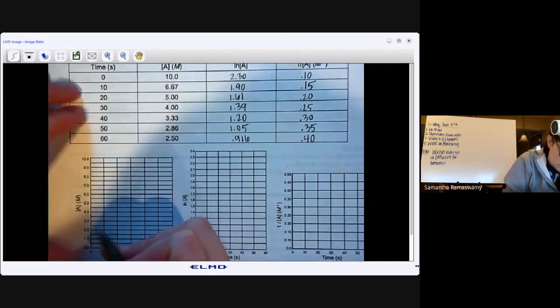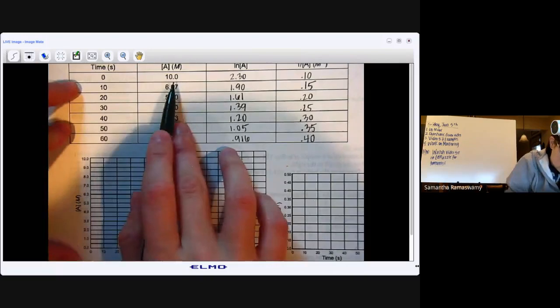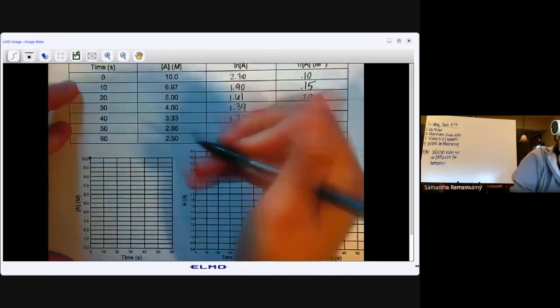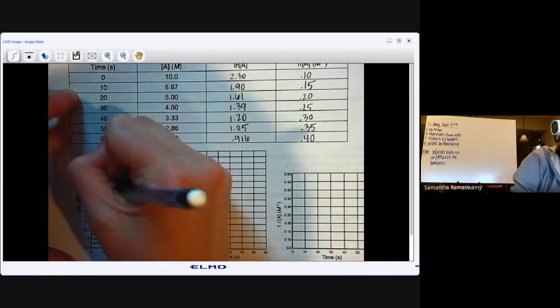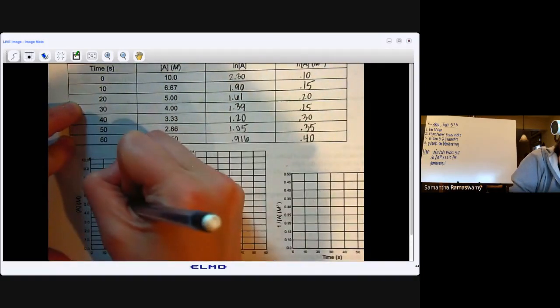So for concentration versus time, at time 0 was 10 molar. And you just want to estimate if it's not exact.